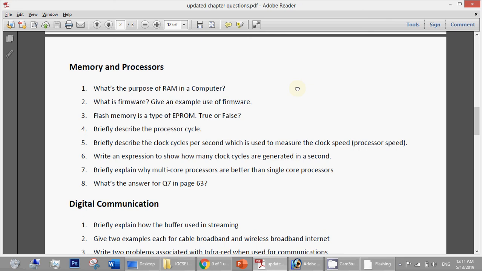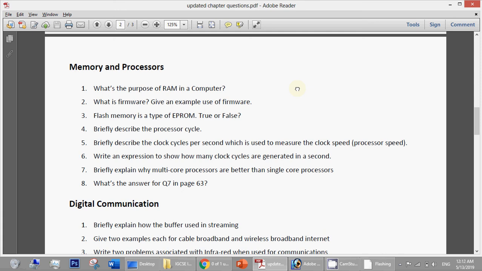Describe the processor cycle. Now, the processor goes through an iteration when executing these instructions. So first it does something called fetch. It fetches the instruction, and in this one, of course, you don't need to know in detail.